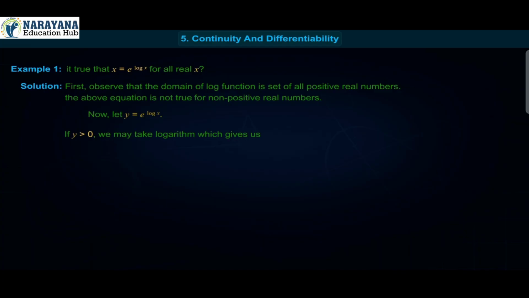If y is greater than 0, we may take logarithm, which gives us log y is equal to log e raised to log x is equal to log x into log e is equal to log x. Thus, y is equal to x. Hence, x is equal to e raised to log x is true only for positive values of x.